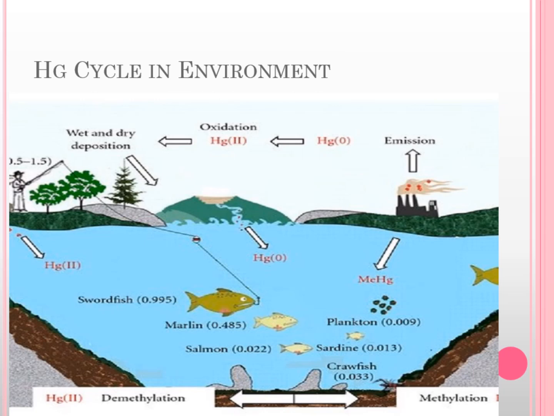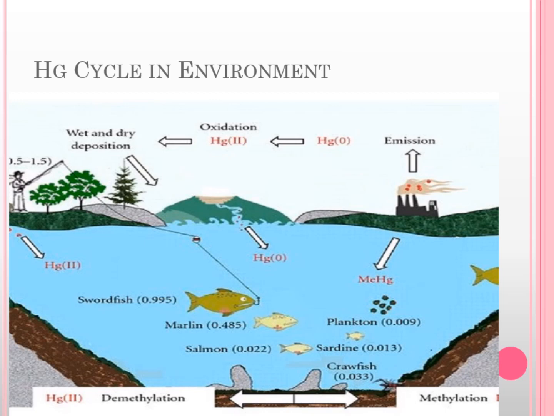Then it is oxidized into the mercury 2 form. Mercury 2 is the inorganic form of mercury, and by various processes this mercury 2 is again introduced into the water bodies, and in water bodies this mercury 2 is accumulated in the bodies of aquatic living things like fishes, planktons, and other aquatic organisms.